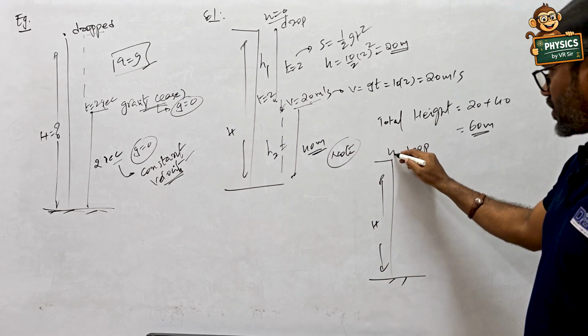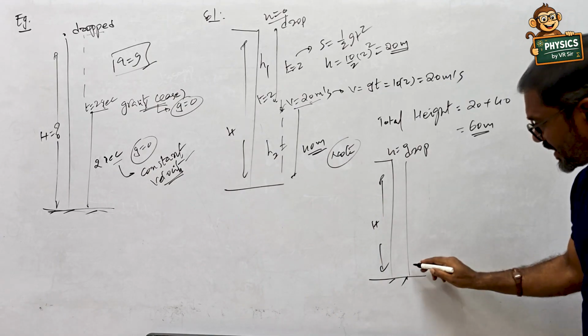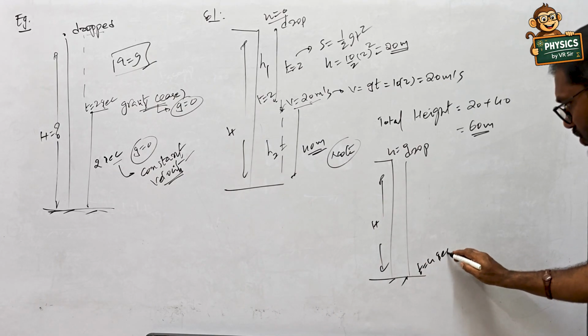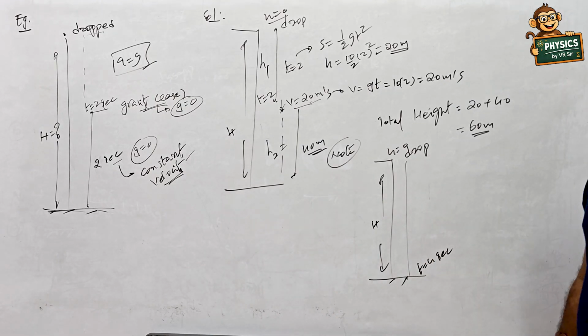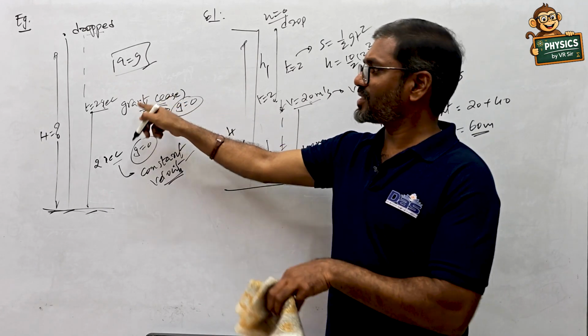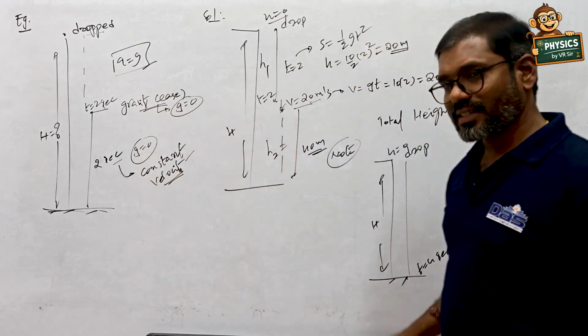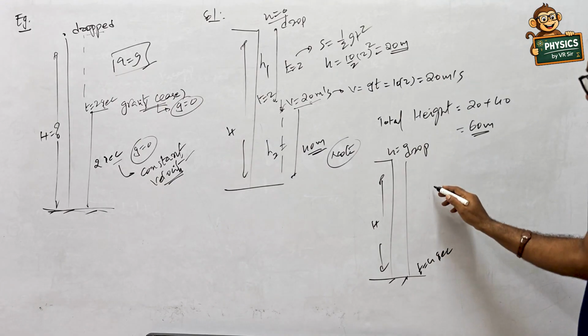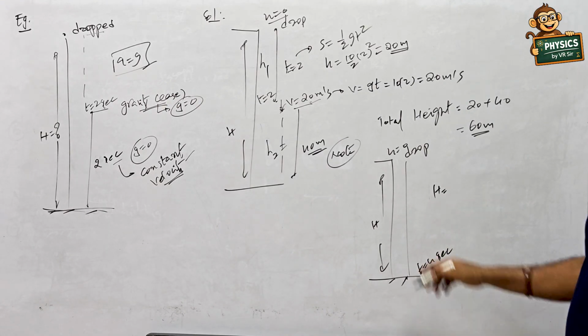The object is dropped, initial velocity is 0. In the general case, if t equal to 4 seconds, without this condition, how much depth does it fall? This condition is intentionally given, but in the general case, h is equal to half g t square, we should use this directly.